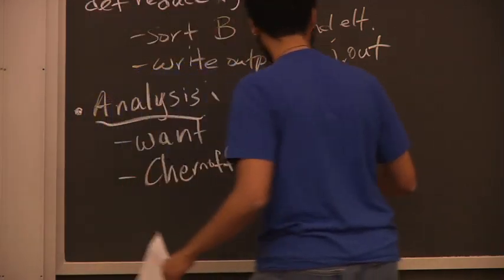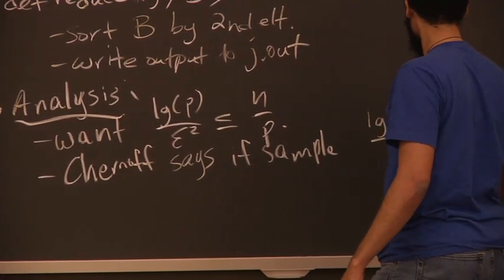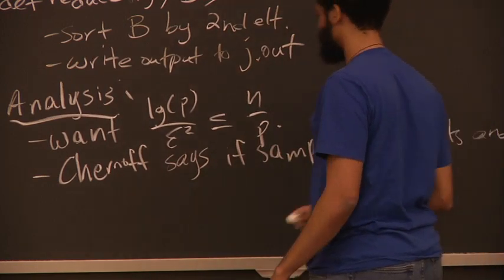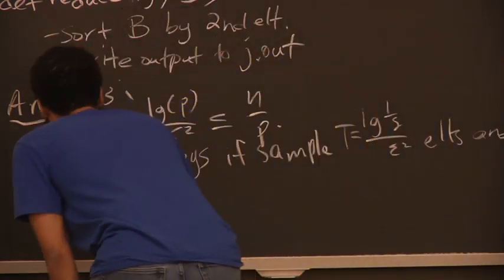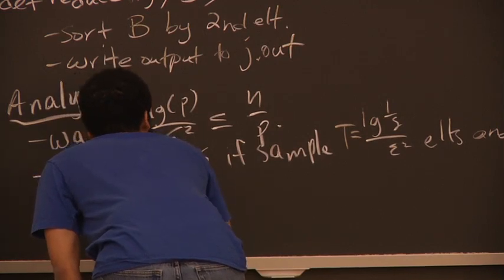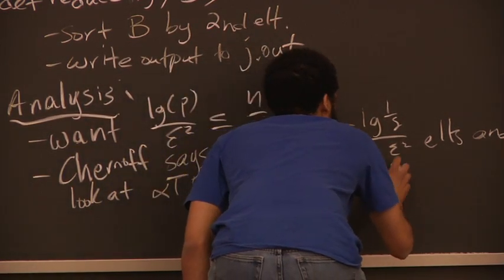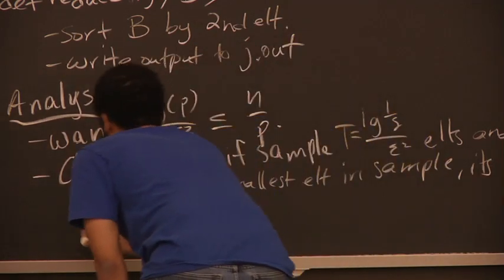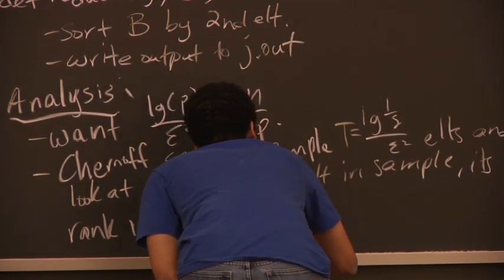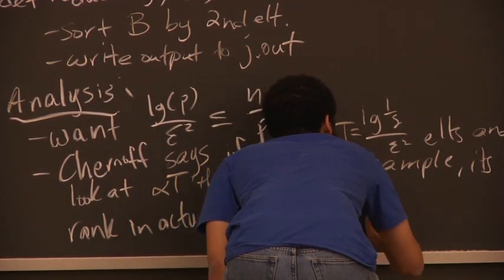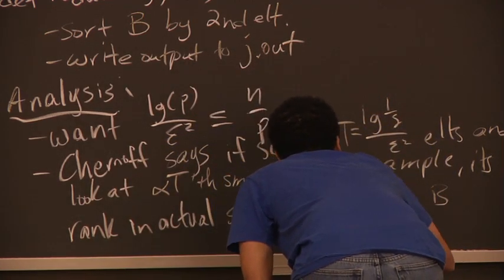So Chernoff says if you sample log 1 over delta over epsilon squared elements, and let's call this t, and look at the alpha t-th smallest element in the sample, its rank in the actual sorted order of A is going to be something like alpha n plus or minus epsilon n.